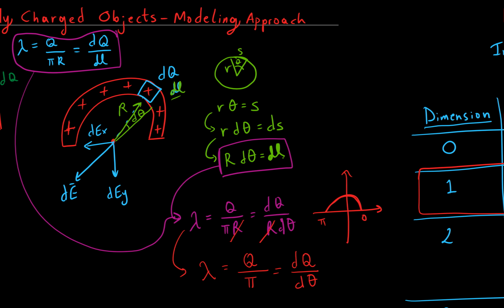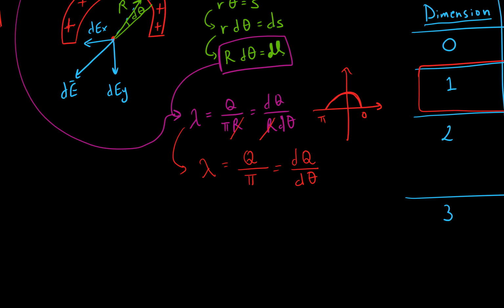Alright, now let's fill in the variables to describe our electric field in the x and the y component. So we see over here that dEx is going to equal our dE magnitude. And where does our angle actually pop up out of this? Well, for that we're going to have to look back at the figure a little bit more.